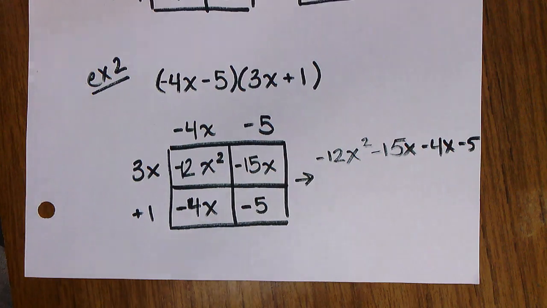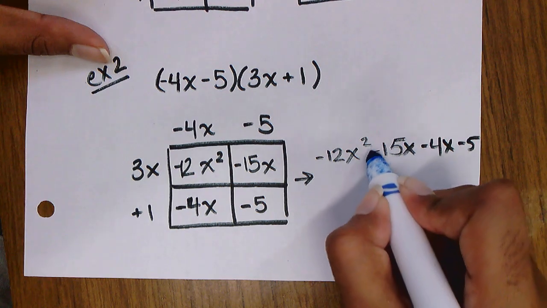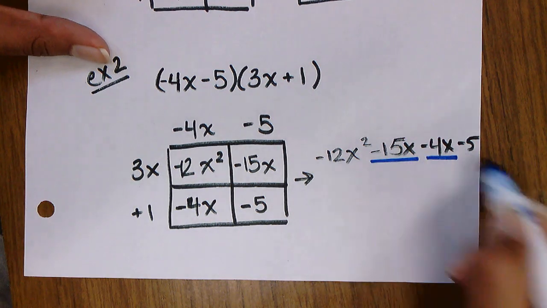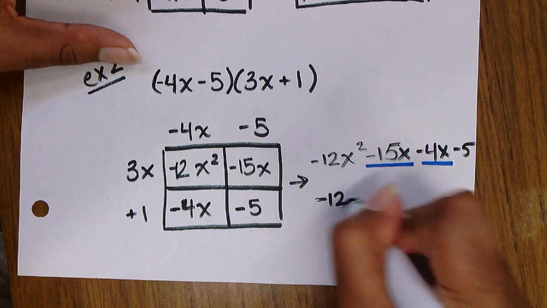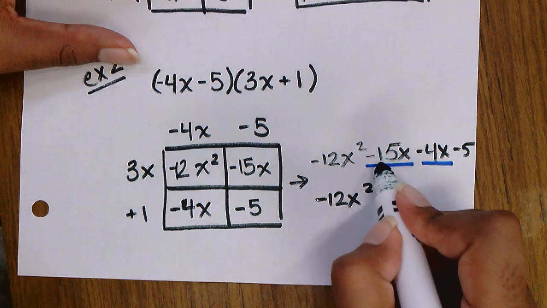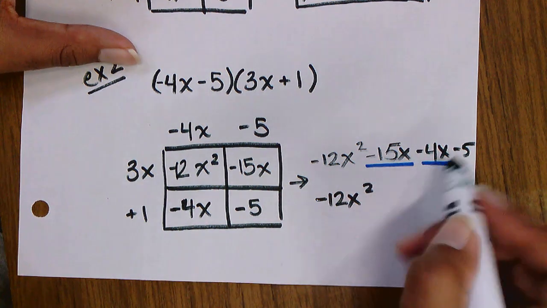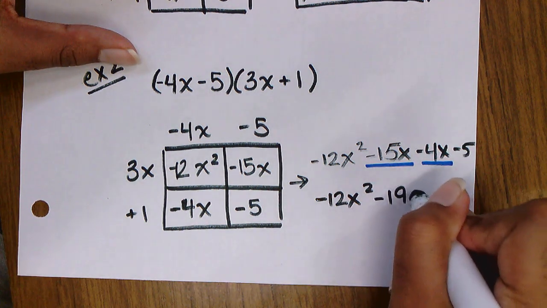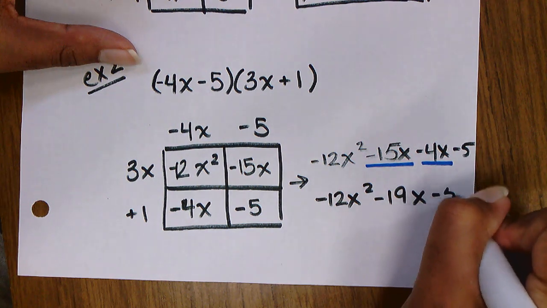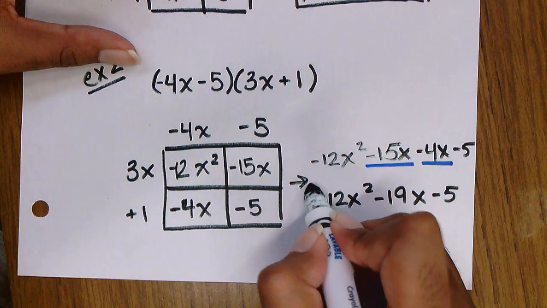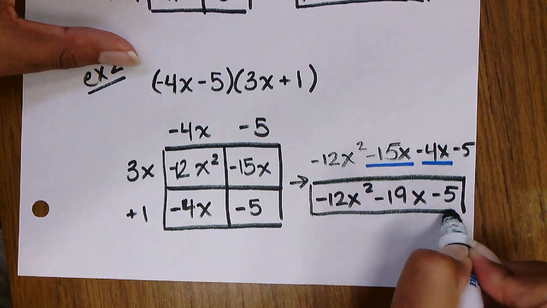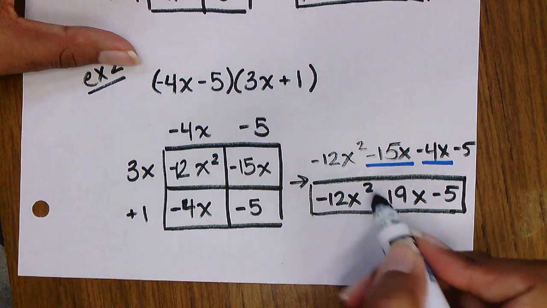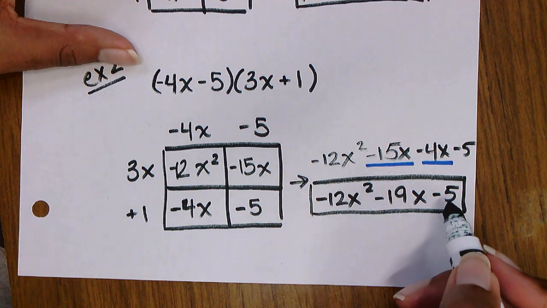And we combine like terms, so we have minus 15x minus 4x, which is negative 19x, minus 5. We don't have any more like terms, so this is our simplified form. Right, and we always want to make sure that we write this in standard form from highest degree term to lowest degree term as well.